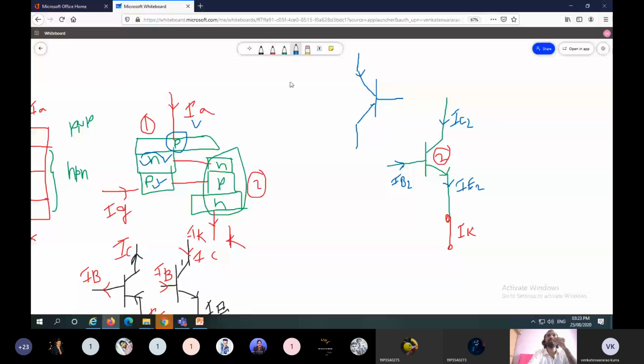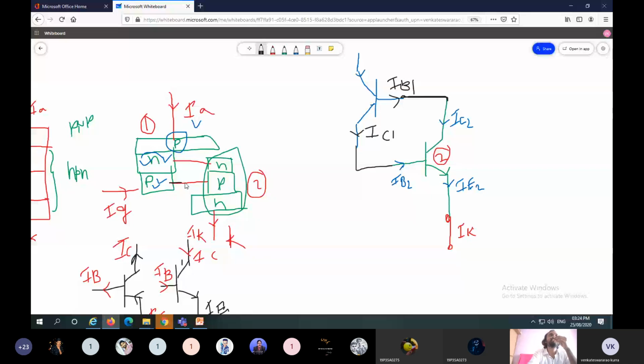Next, this current is IC1, and this is connected to IB2, because it is connected to the base of NPN transistor.